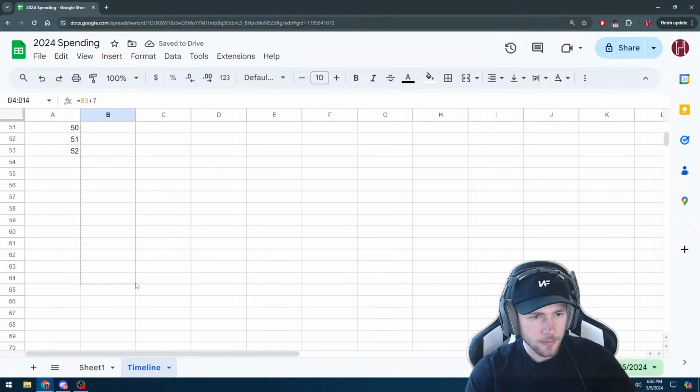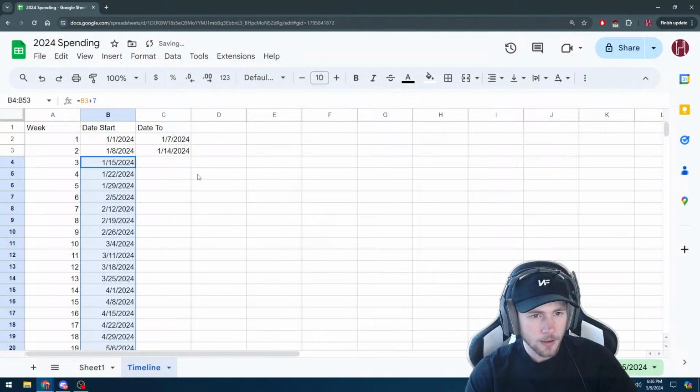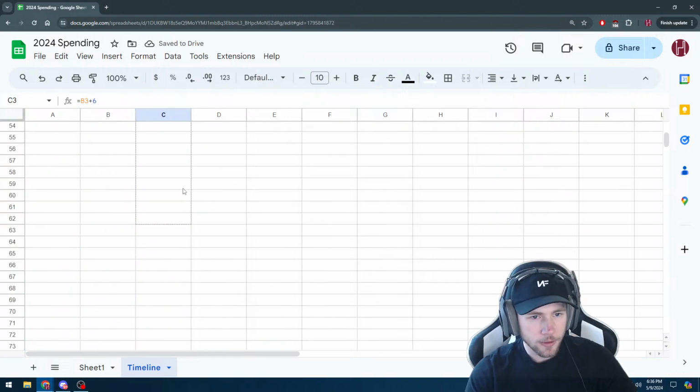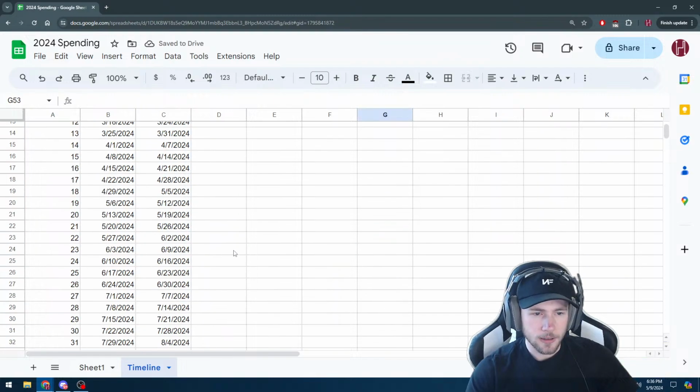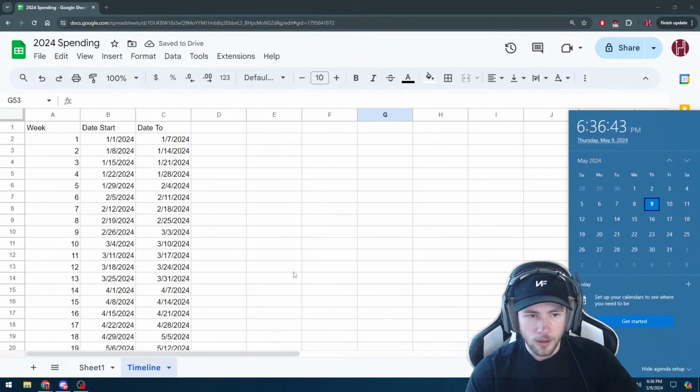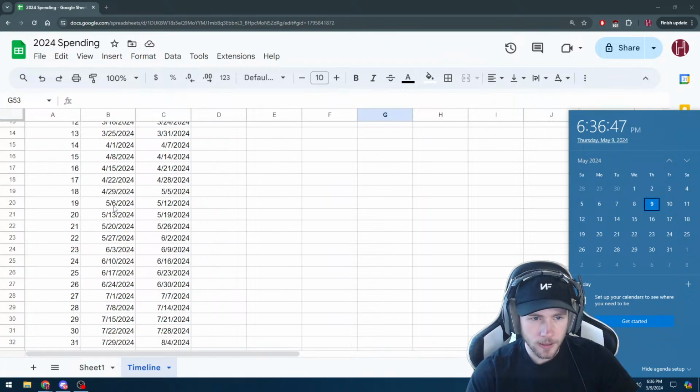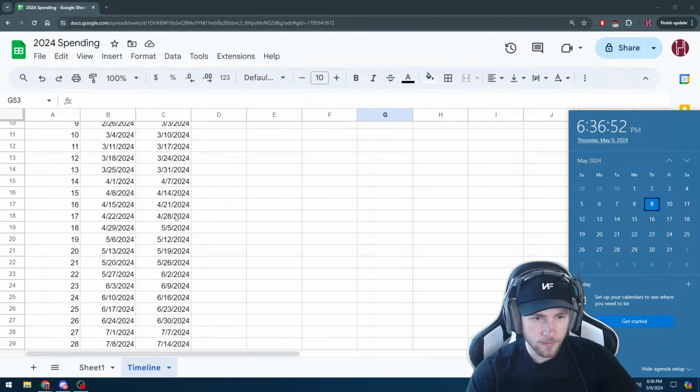First line. See how accurate this is. 1229. So today's May 9th, 5/9. We're right in week 19.